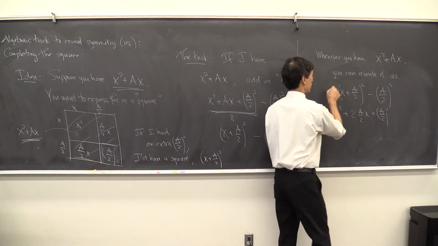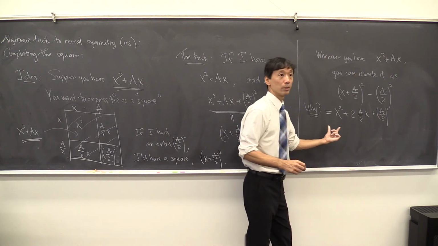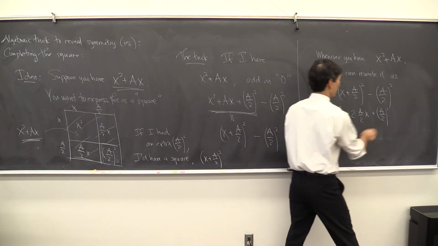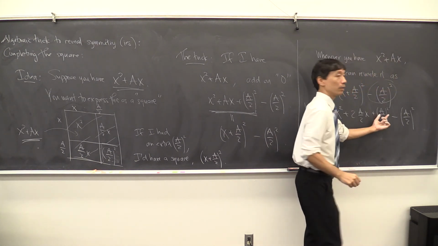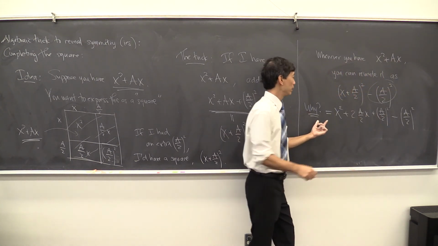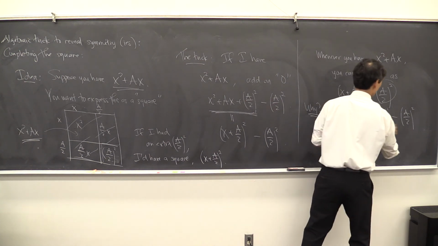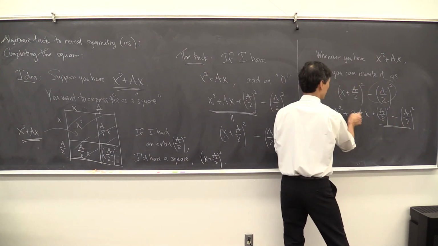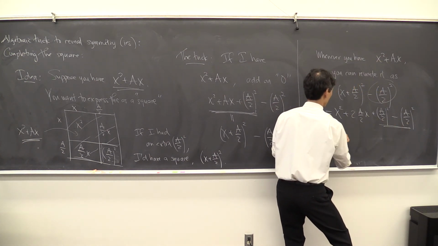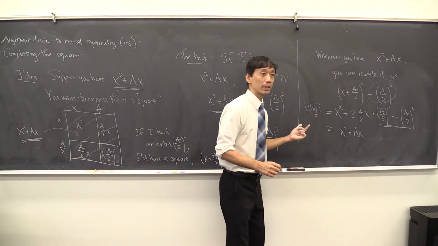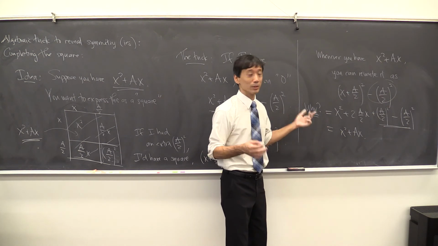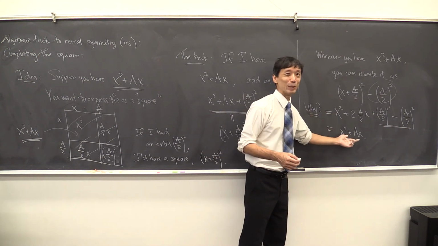Sorry, I forgot about this thing. You see that these cancel off, the 2's cancel off, and you get x squared plus ax. It's the same thing. I don't know if that was any better.